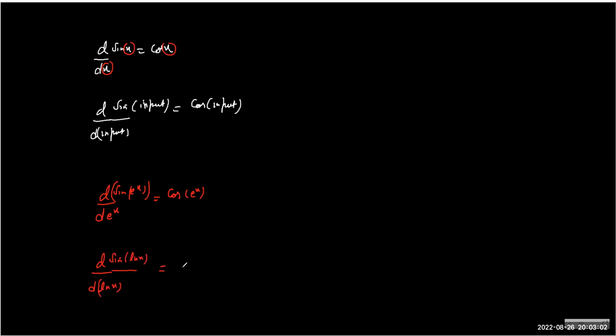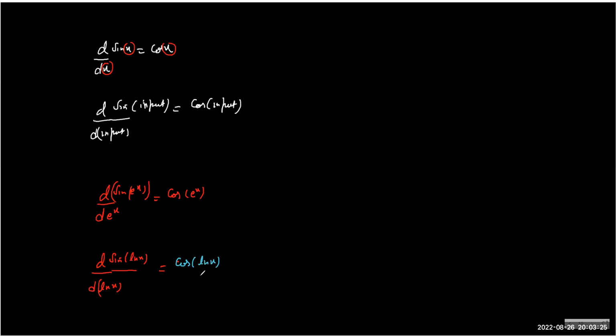What is this answer? So d by d input of sine of similar input is cos of the input. So what will be the answer, guys? Tell me. Cos ln x. So why are you scared to say this is correct?